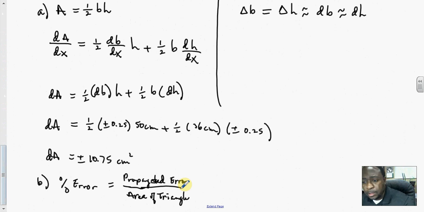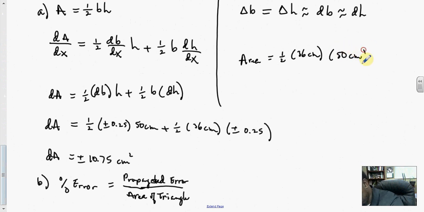So the area is 1/2 times the base, 36 centimeters, times the height, and so that is 900 centimeters squared.